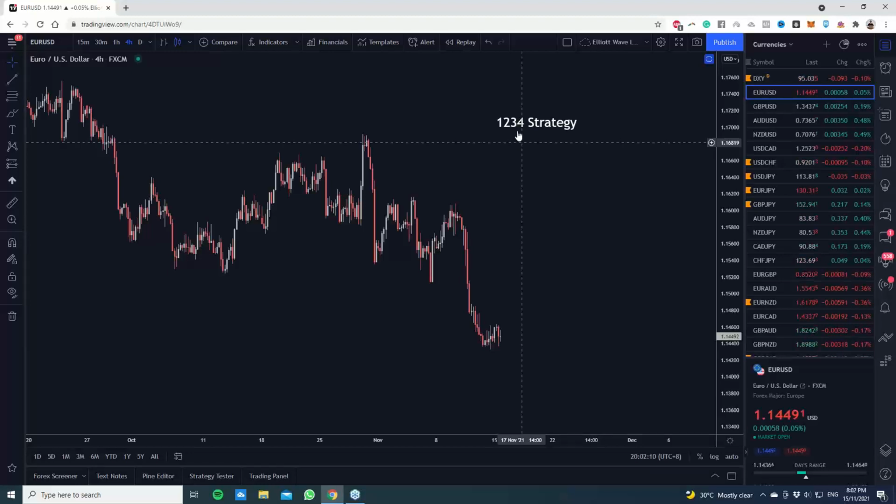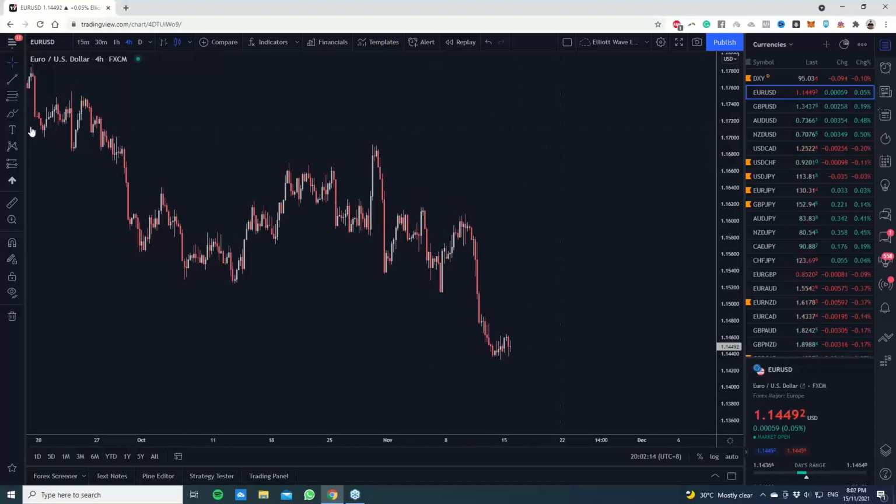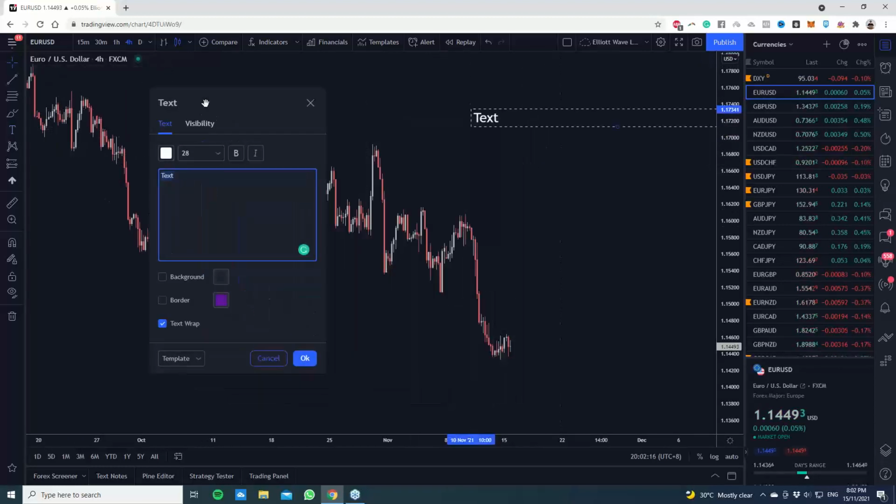So let's get started with this strategy. I would break it down into 3 steps. Primarily, the first is to identify the current market trend, and we're going to share with you a very objective way of doing that.